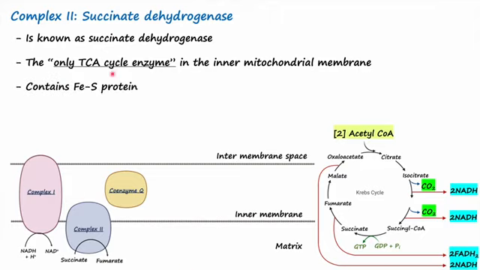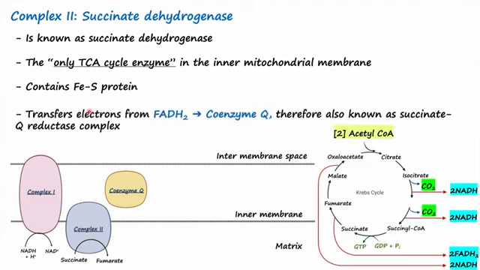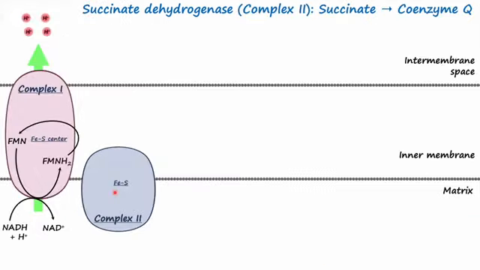Now it also contains iron-sulfur centers, or iron-sulfur proteins, and importantly it transfers electrons from FADH2 to coenzyme Q. Therefore it is also known as succinate coenzyme Q reductase complex, because it reduces coenzyme Q. So now let's learn how the electrons are transferred through complex 2. In the TCA cycle, the succinate dehydrogenase enzyme, complex 2, converts succinate to fumarate, and during the process FAD is reduced to FADH2.